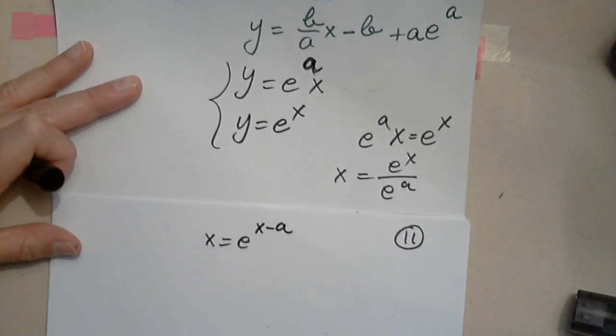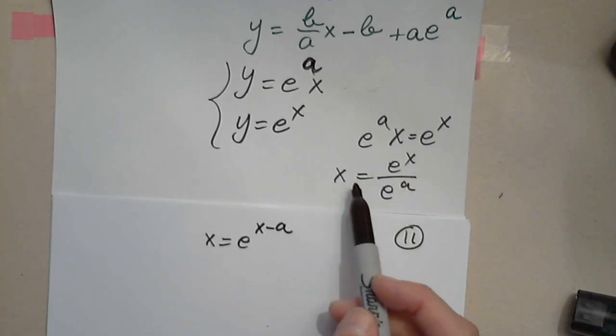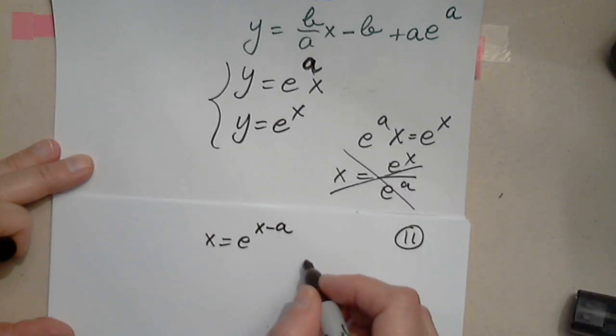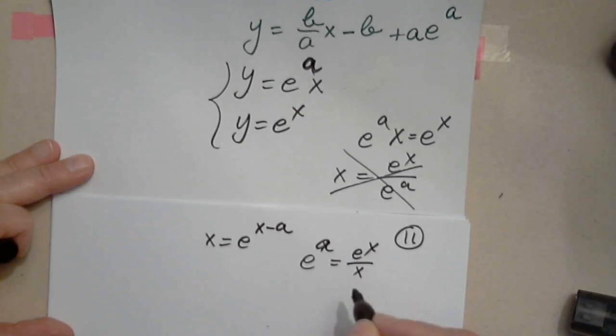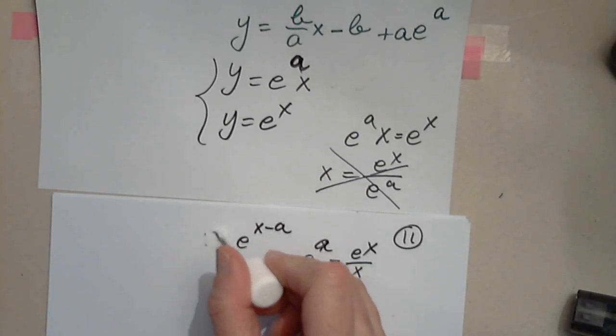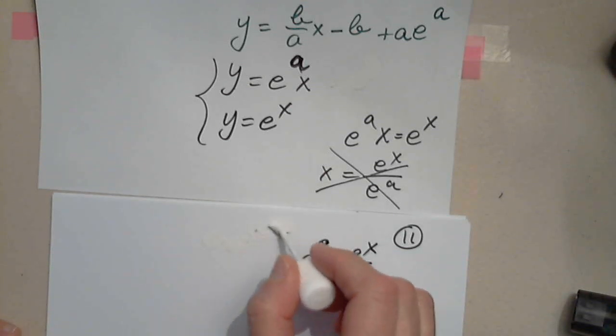I have no way of solving this, so I want e to the a to be e to the x over x. And let's see how we solve this, because we want to solve for a.